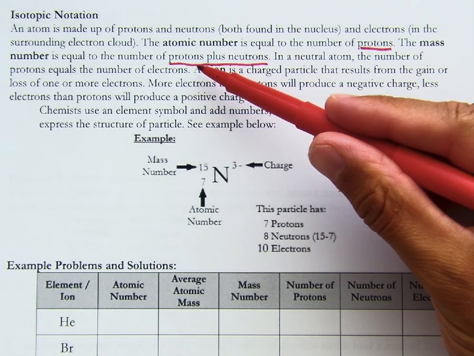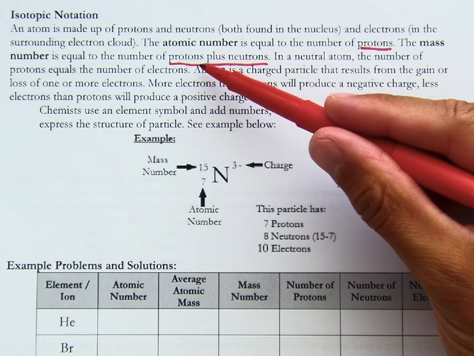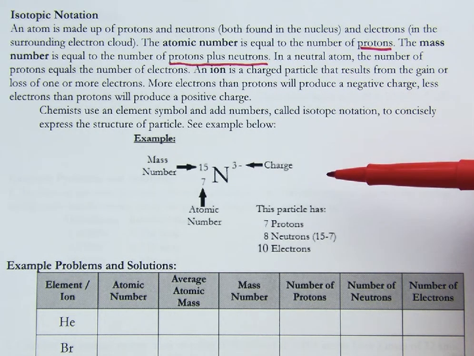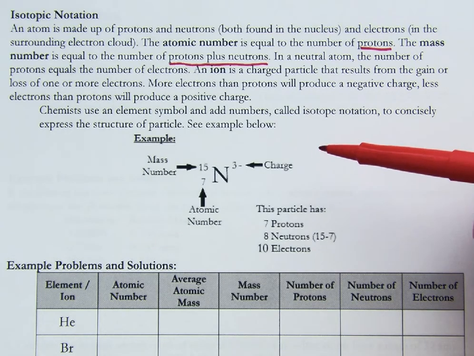A proton is a little less than 2,000 times as heavy as an electron. It's like 1,840 times as heavy as an electron. So the electrons, even if you have like 50 or 60 electrons, that mass is very, very small. And for our class, we're not going to take it into consideration for calculations.